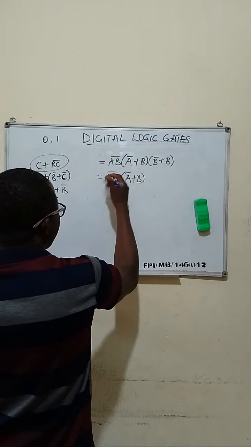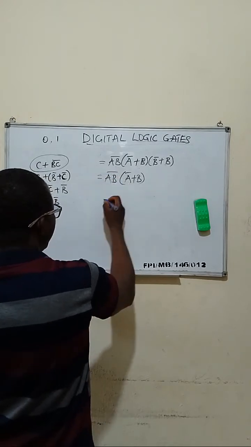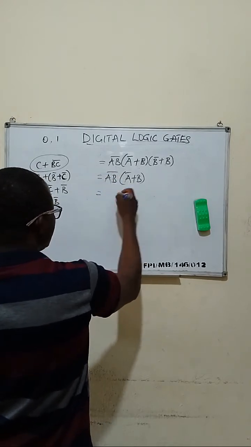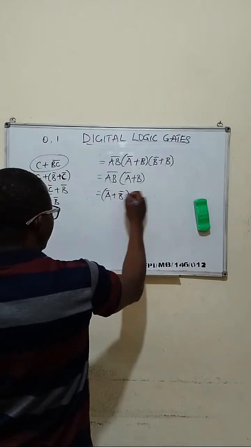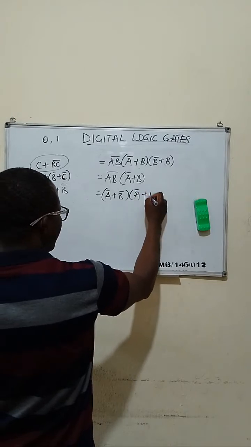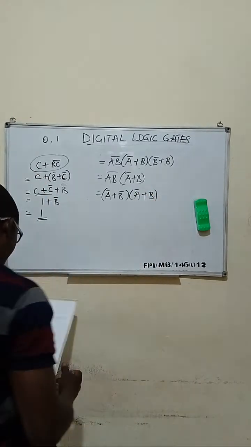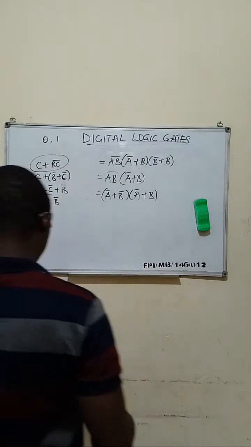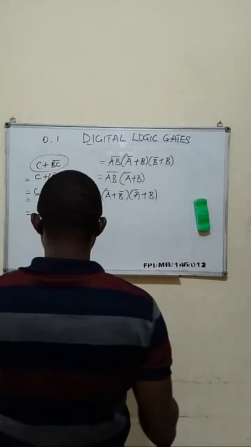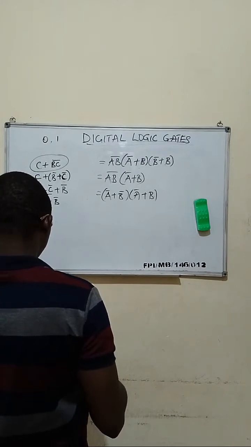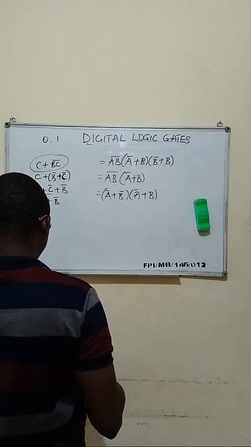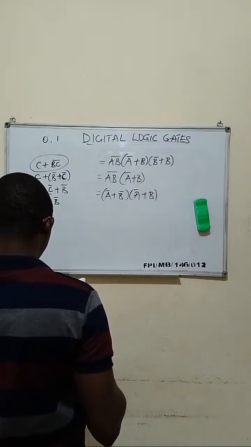Now we need to De Morganize this particular A B bar to give us something similar to this. So we are going to have A bar plus B bar into A bar plus B. If you simplify that, you will realize that A bar will be retained, and then B bar dot B will be retained.